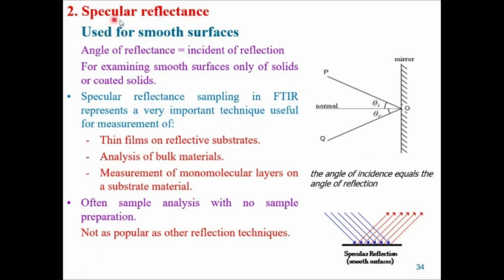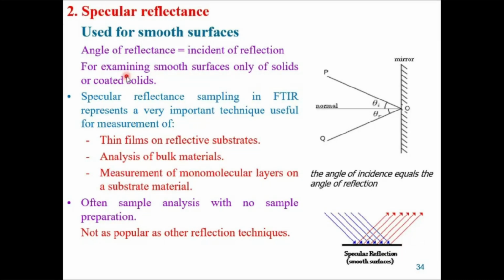specular reflectance. It is used for smooth surfaces. For smooth surfaces, the angle of incidence is equal to the angle of reflection. That means incidence and reflection are occurring simultaneously along the same lines. For examining smooth surfaces only, of solid or coated solid, this particular technique is useful.